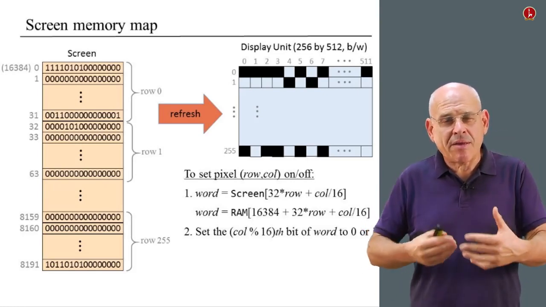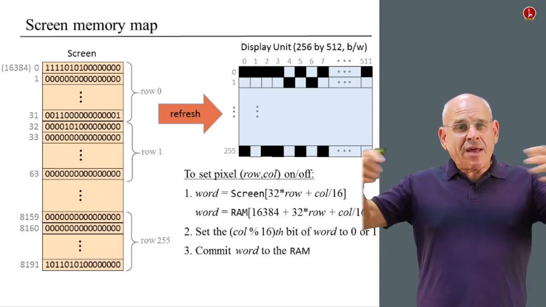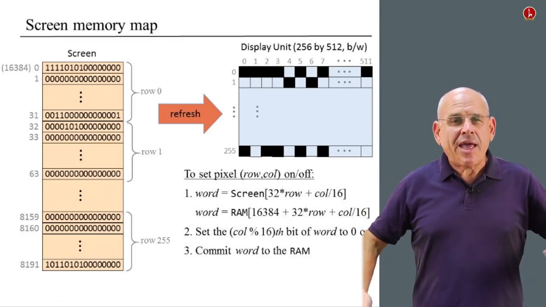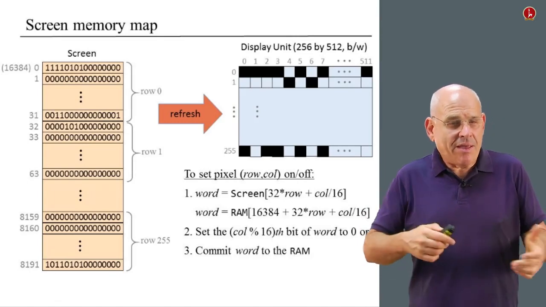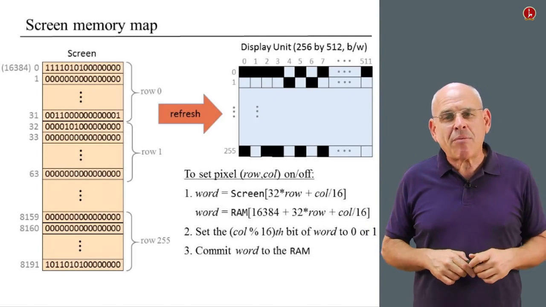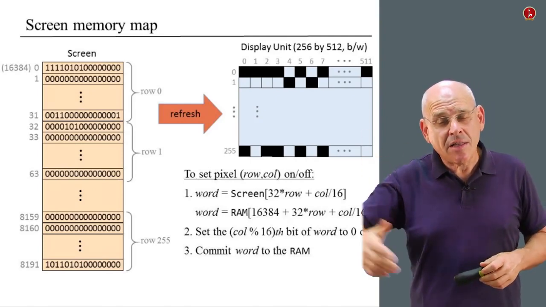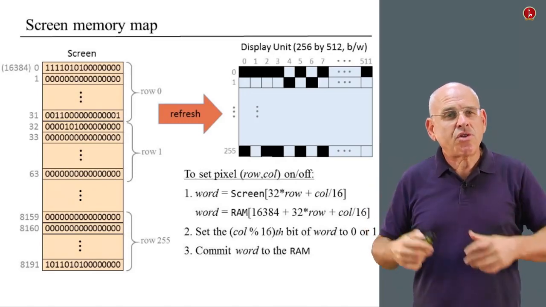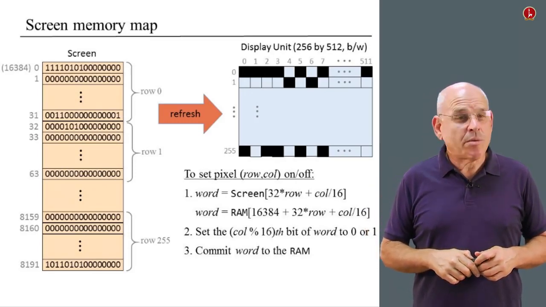We manipulate this bit, we turn it to 0 or to 1. We take the resulting value and we write it back into the RAM. If we won't do it, we won't achieve anything, right? We have to somehow write it back into the memory map, and in the next refresh cycle, what we just did is going to change the pixel in the outside display.